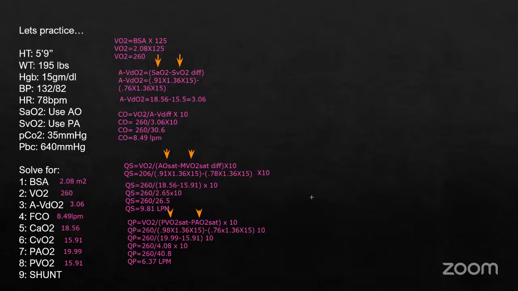So you cannot use the bottom ones for 5 and 6. You use AO here, but this one here is RA, not PA, because there's a difference: 0.78 and 0.76.